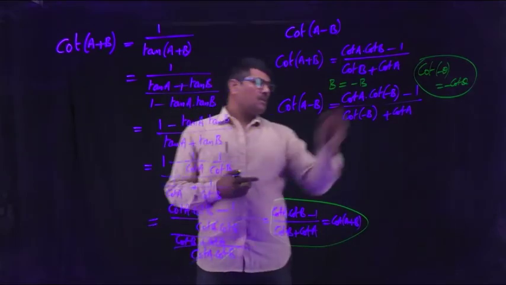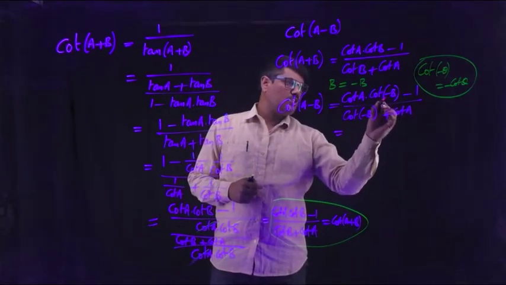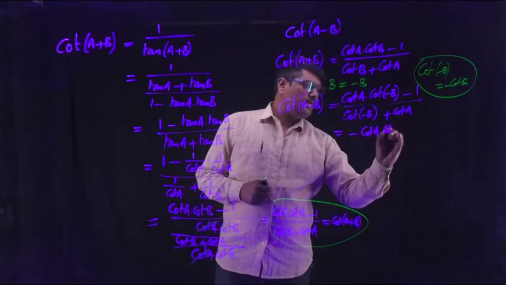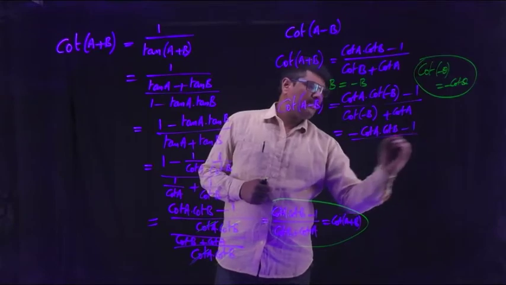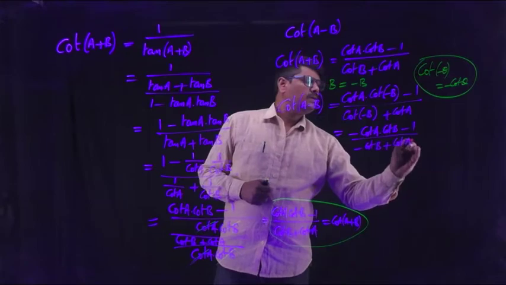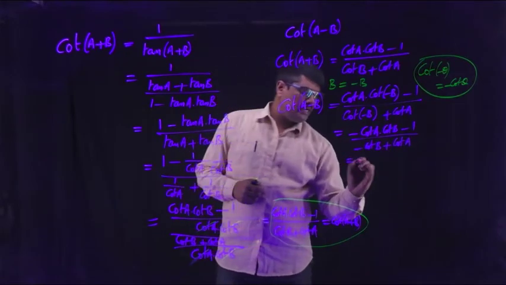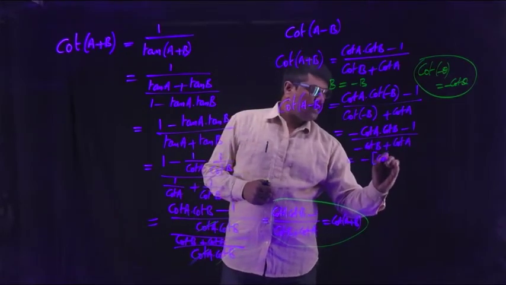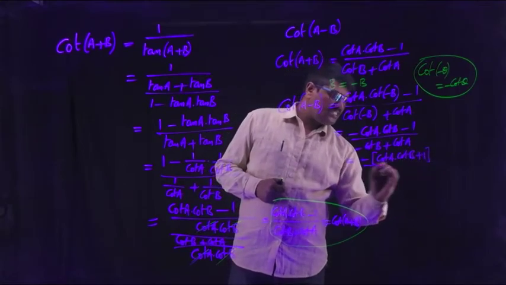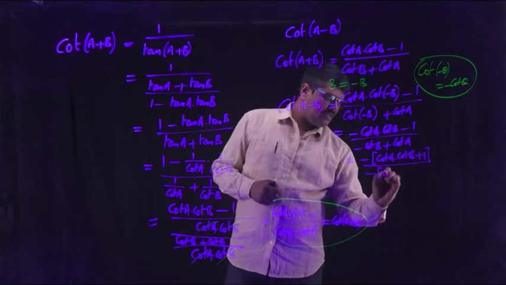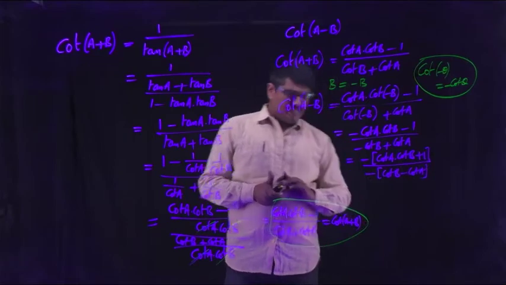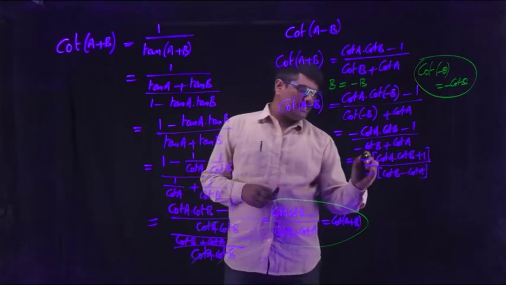By that, cot minus B will become minus cot B, so it will be minus cot A into cot B minus 1 by minus cot B plus cot A. Now separating minus from the numerator, it will become cot A into cot B plus 1, and again separating minus in the denominator, you will get cot B minus cot A. So minus minus in numerator and denominator get cancelled.